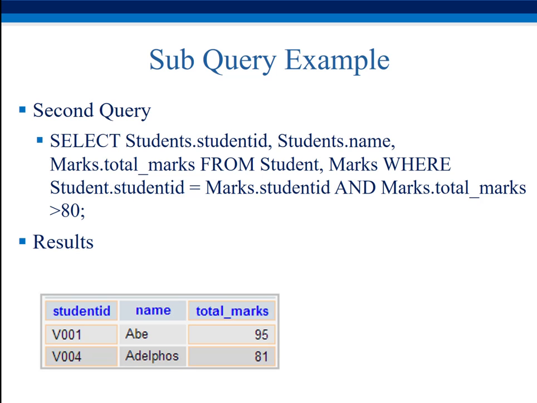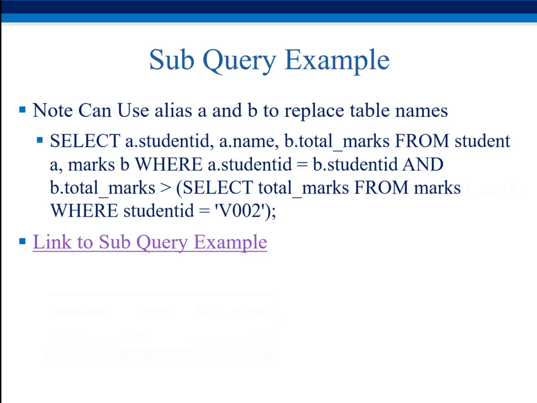So I'm also giving you a way to do an alias. You can use aliases A and B so that you don't have to constantly write students. If you have a whole bunch of fields, there's more margin of error from spelling students wrong. So you can use A and B to replace it.